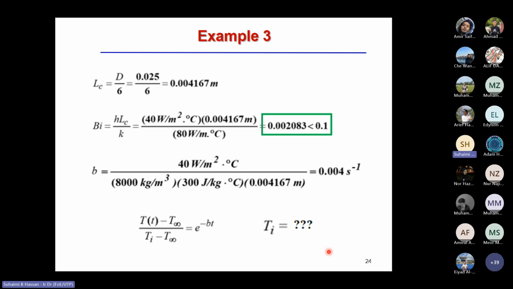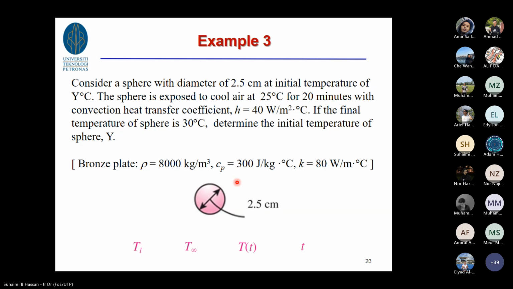Okay, ada jawapan tak? I got 632 Celsius. Same. Anybody else? Oh, same. 600 lebih. Okay, looking. Okay, 600 initial.